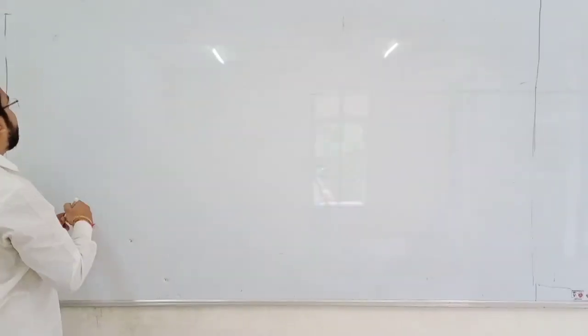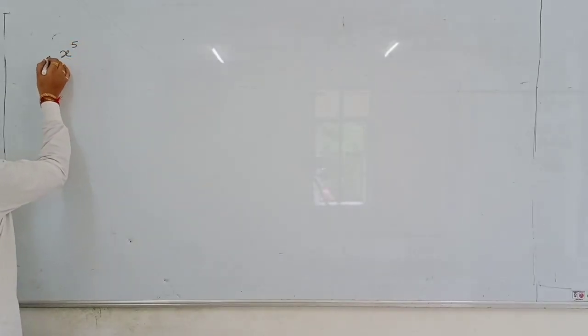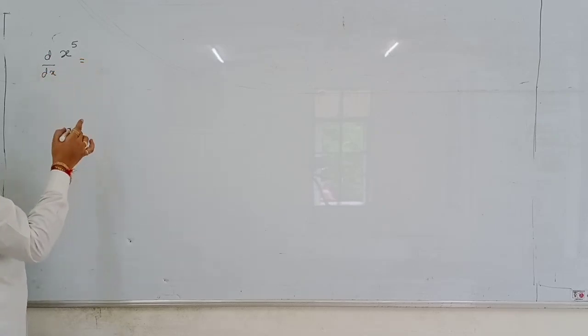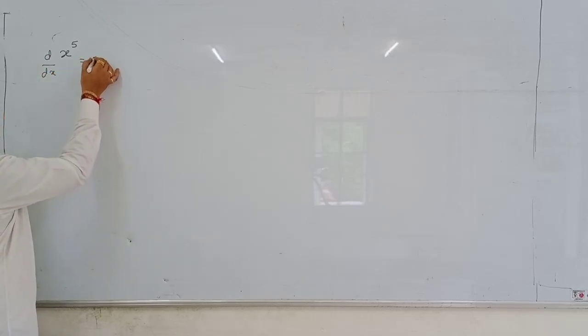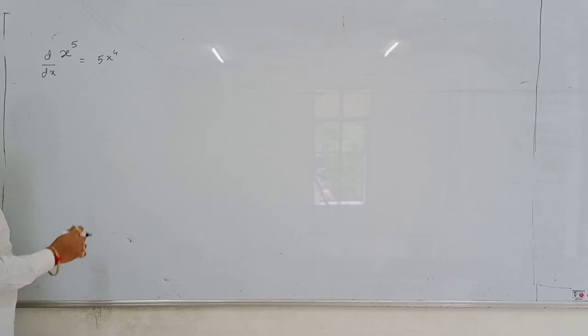For example, see students, suppose x to the power 5 is given. What is the differentiation of x to the power 5? You can easily tell, it will be 5 x to the power 4.